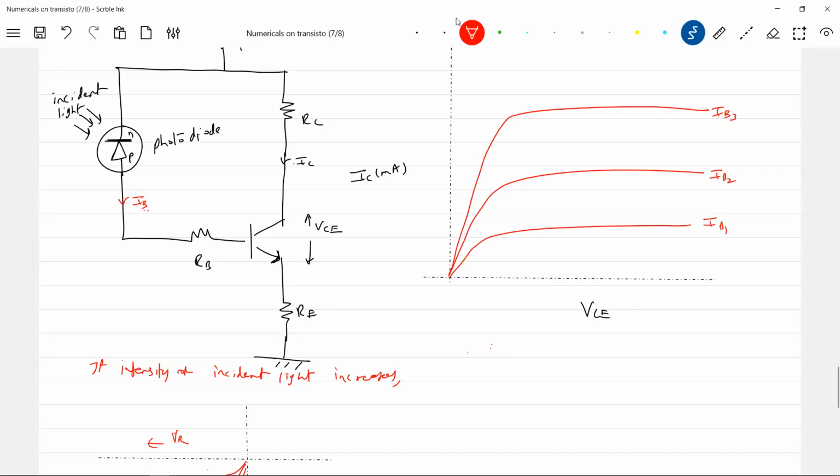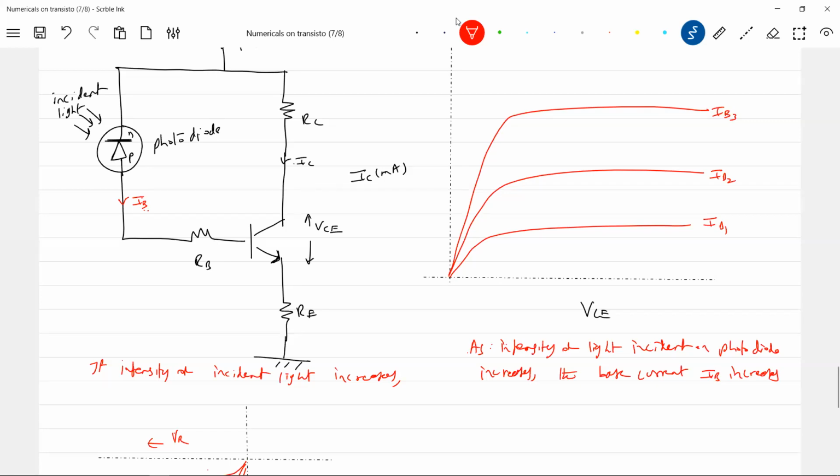So now I'll write the reason: as intensity of light incident on photodiode increases, the base current IB increases.